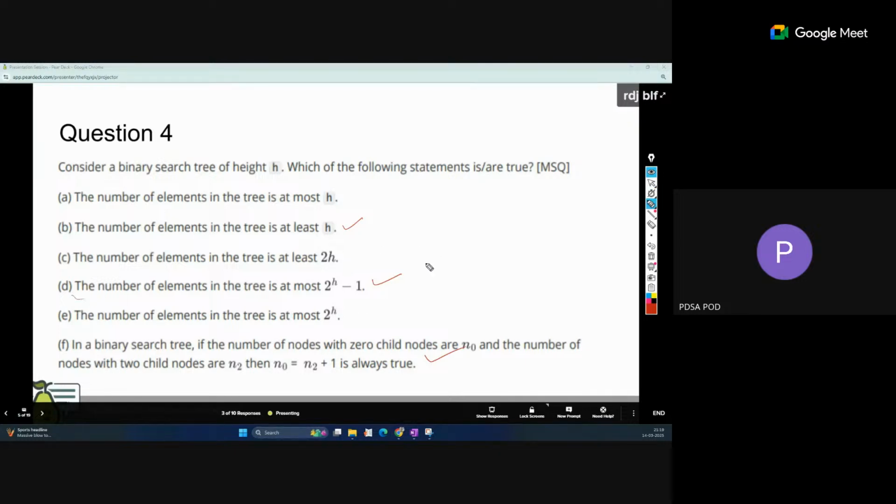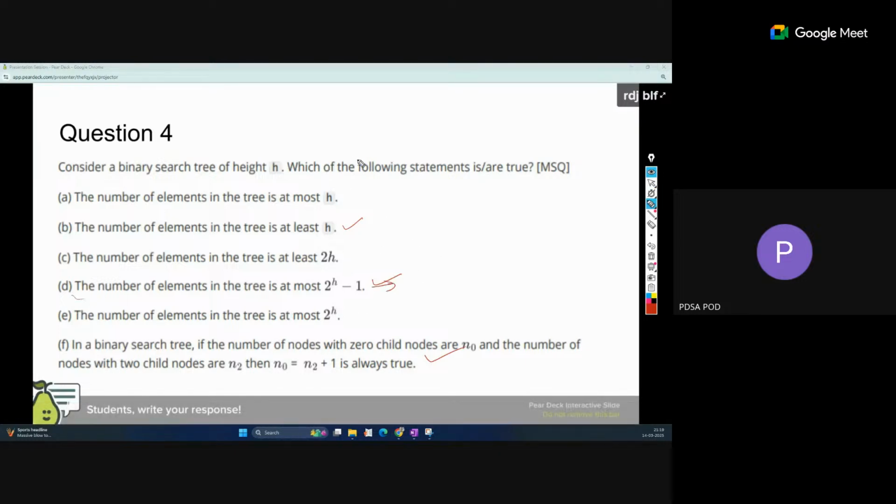So as I mentioned, in this question the base condition is not mentioned, but we are assuming that if any tree is empty, we are taking h equal to 0 height for this. If any tree has one node, we are taking h equal to 1 height. So that means this is a 1 height. Now you can simply observe the formula. Just create one tree for the maximum number of nodes. So suppose this is the maximum.